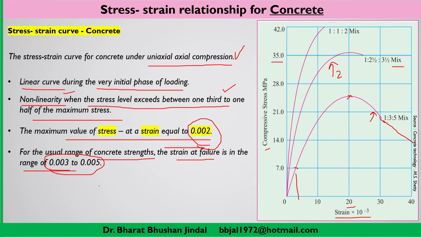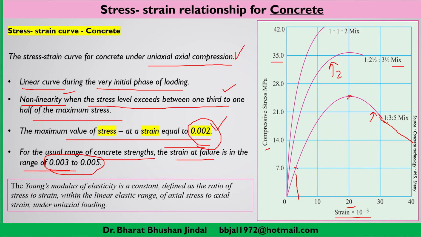In that particular range of strain, the concrete may be observed to fail. So this particular value of 0.002 is very important for all of us to understand the complete mechanism of the concrete.